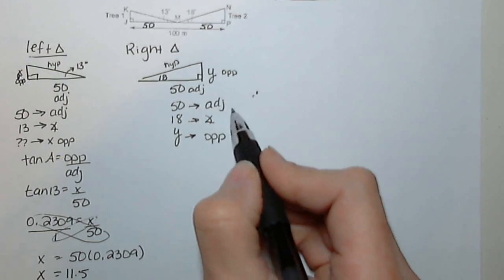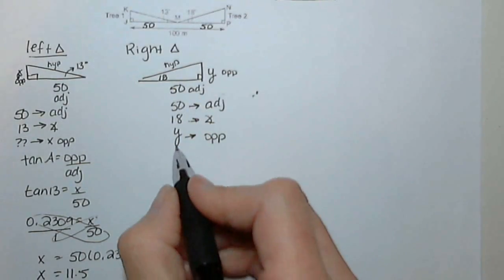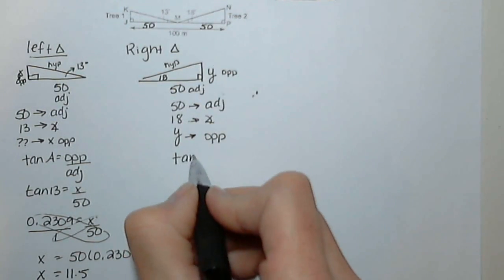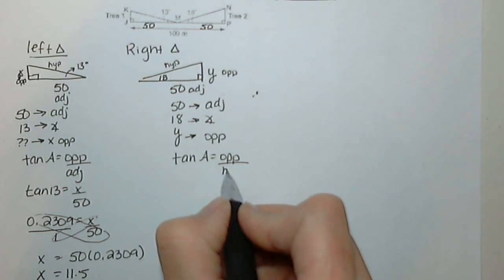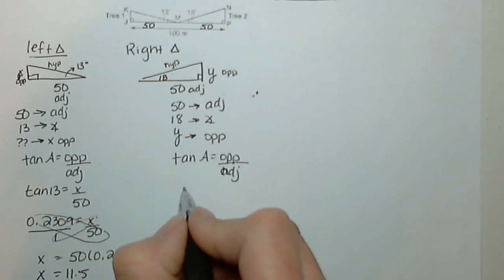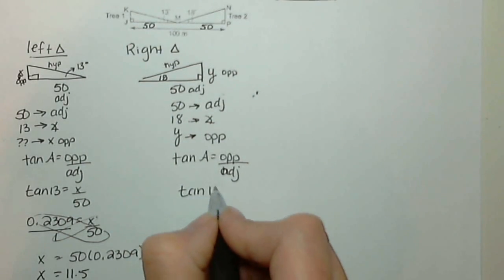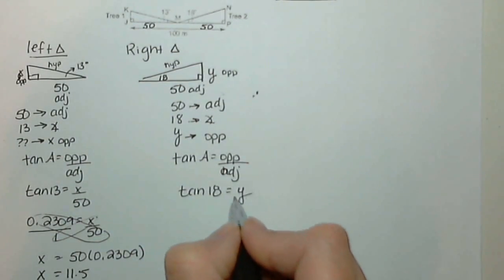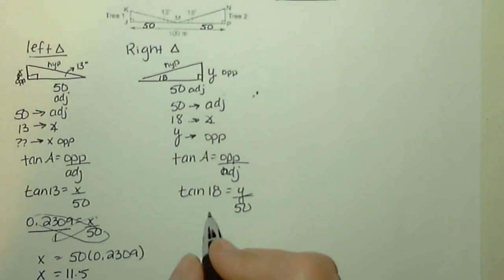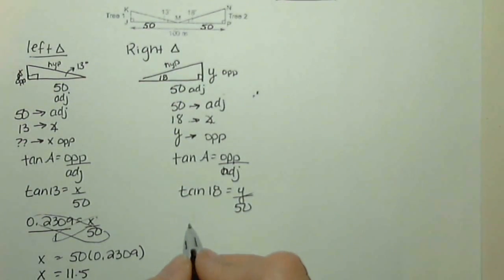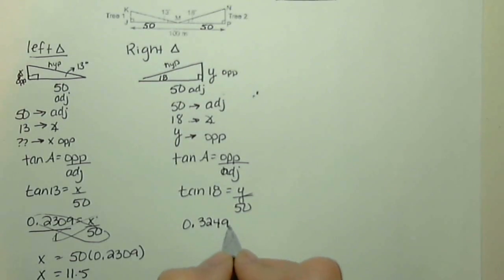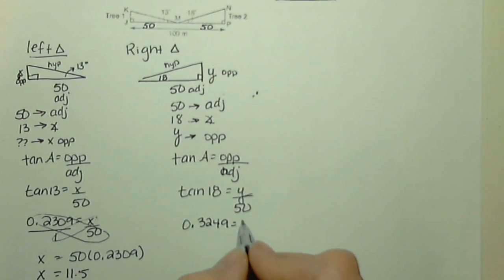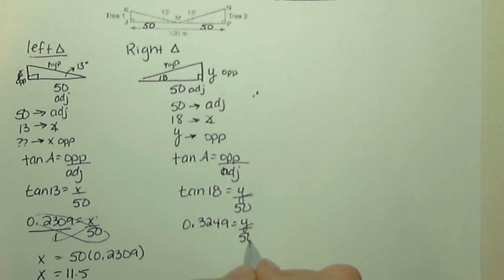And again, which formula has an adjacent, an angle, and opposite? We are looking at tan. The tan of angle A is equal to opposite over adjacent. The tan of 18 is equal to y over 50. The tan of 18, when we punch it into our calculator, we get 0.3249 is equal to y over 50.